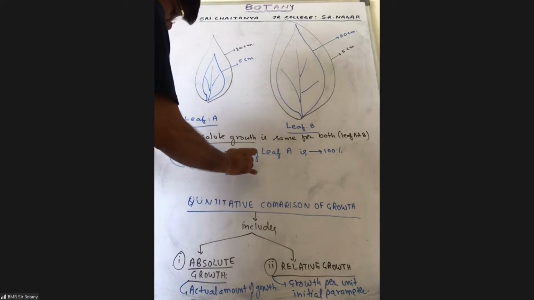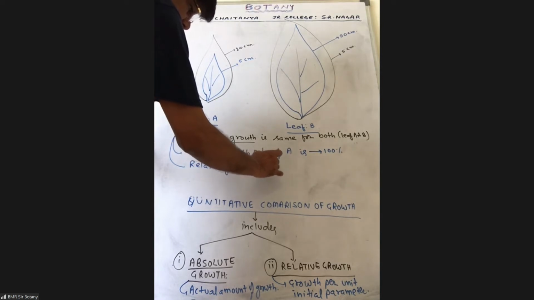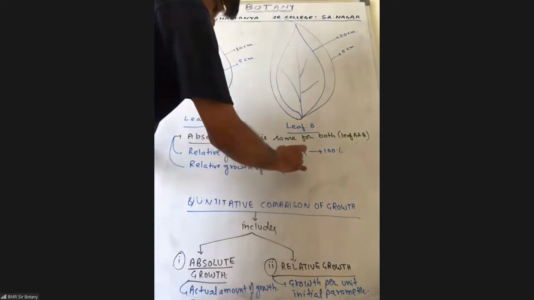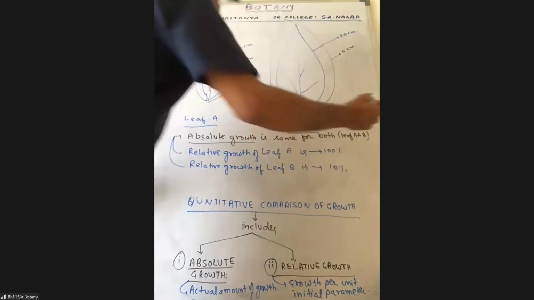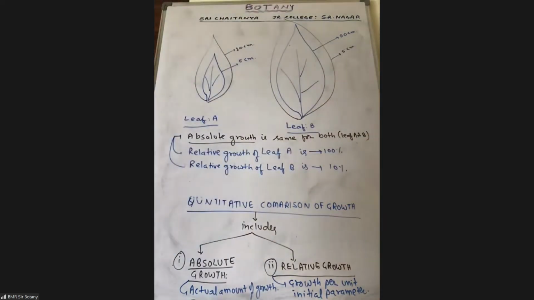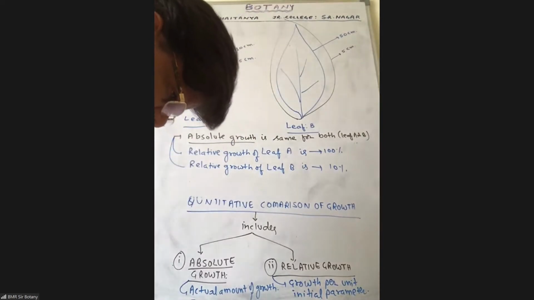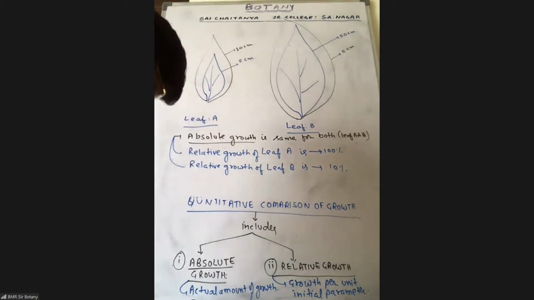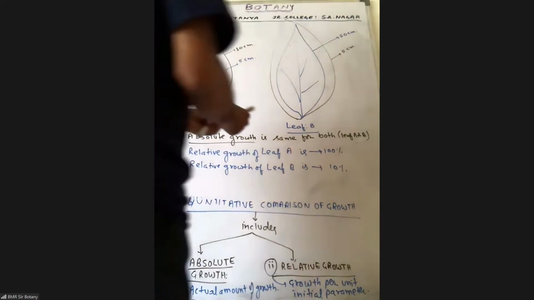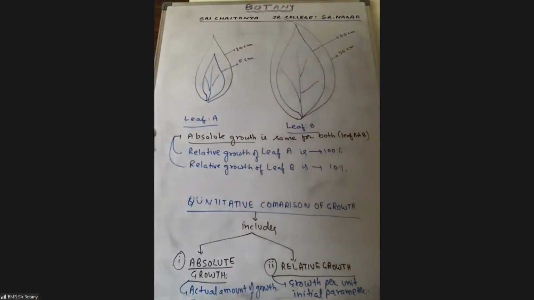Accordingly, tell me now, relative growth of leaf B. Is 10%. Absolute growth is actual growth, Nana. For leaf A you get 10 centimeters, for leaf B it should be 50 to 55 centimeters. Correct.